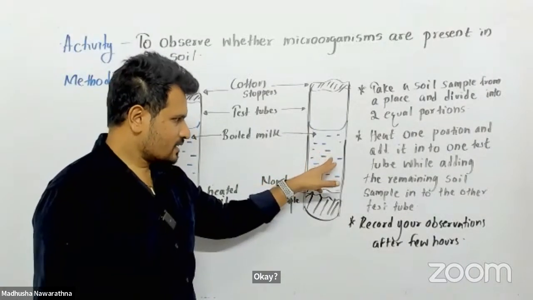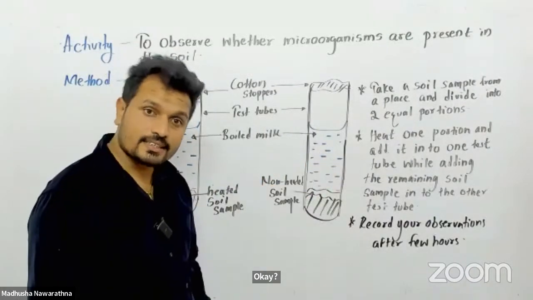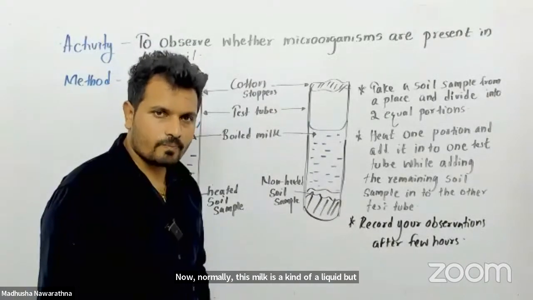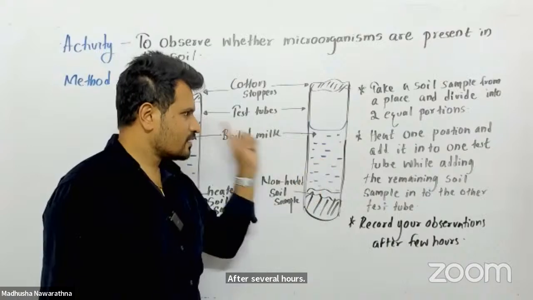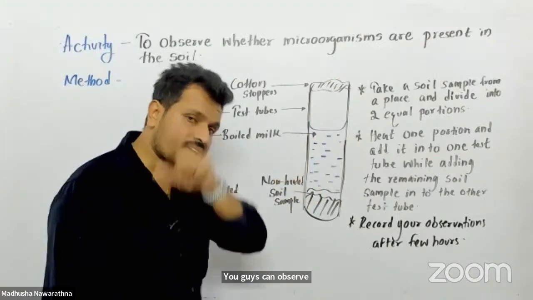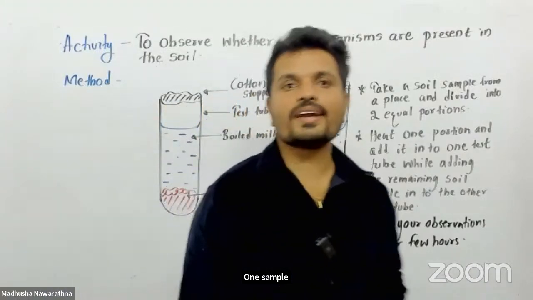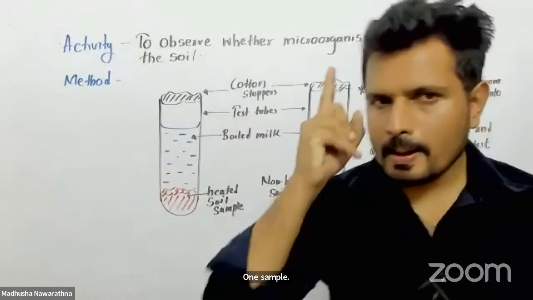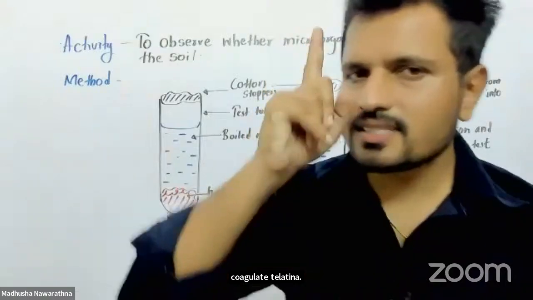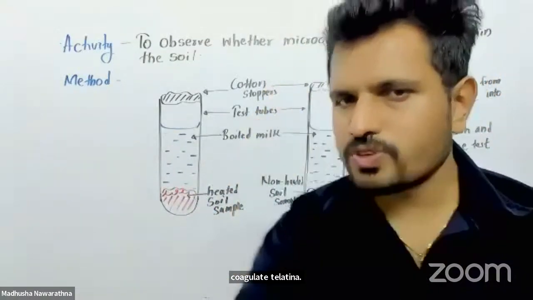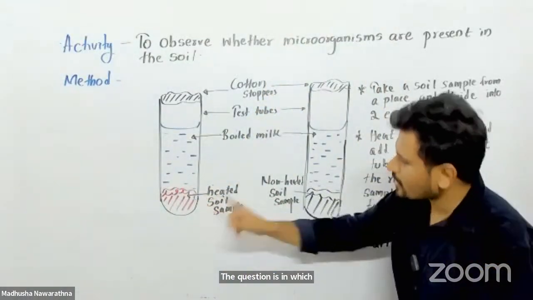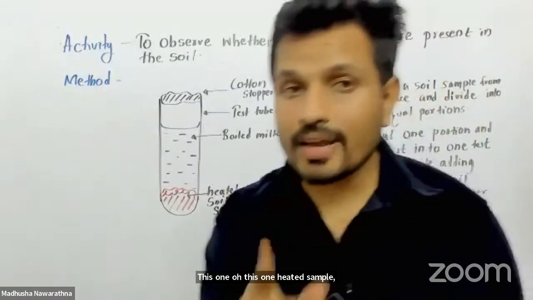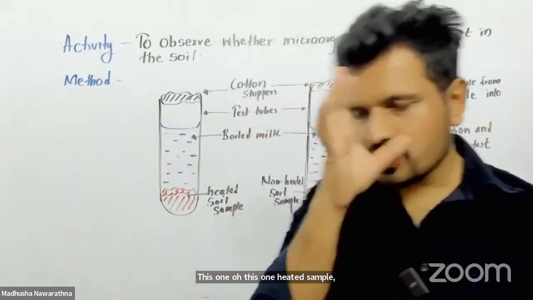Now normally this milk is a liquid, but after several hours you can observe that one of the samples has coagulated. All the milk has curdled. The question is, in which sample can you observe that? In which test tube? This one or this one? Heated sample or non-heated sample?